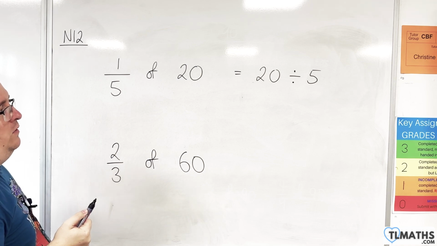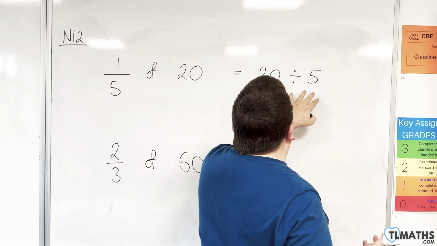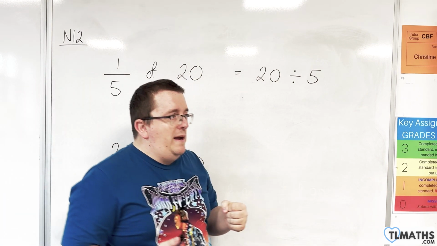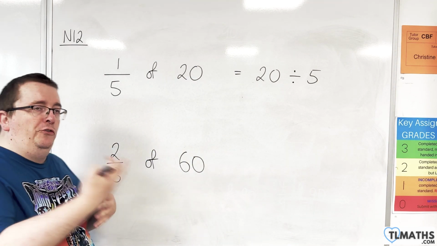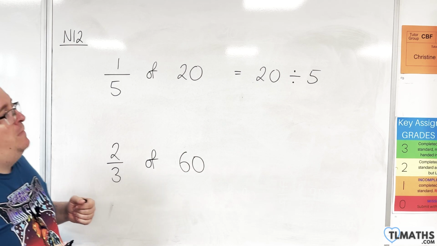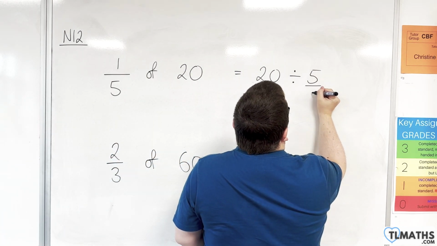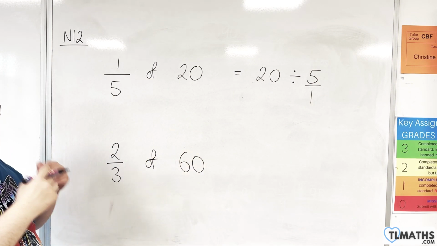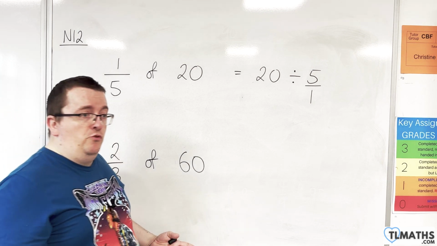Now, you might be going, well, why is that the same as that? Well, if you remember back to our fractions, when we were looking at multiplying and dividing fractions, in order to divide by a fraction, so 5 is the same thing as 5 over 1, dividing by a fraction is the same as multiplying by the reciprocal.